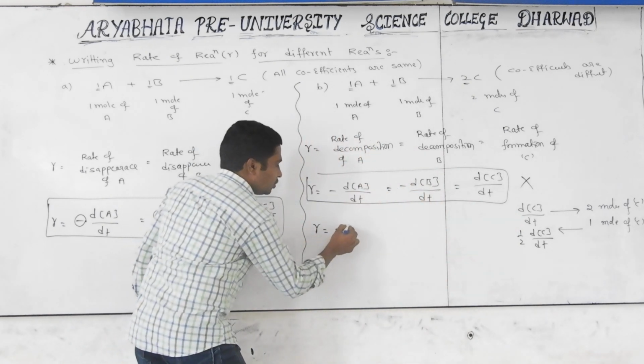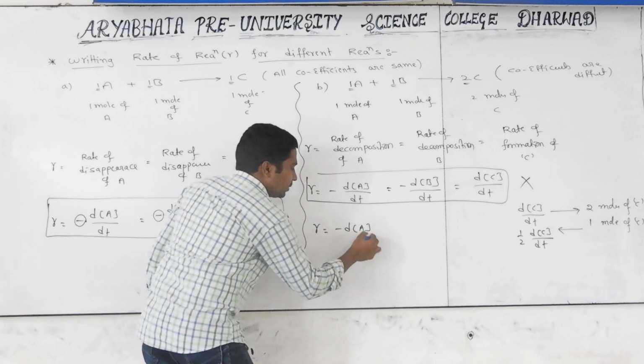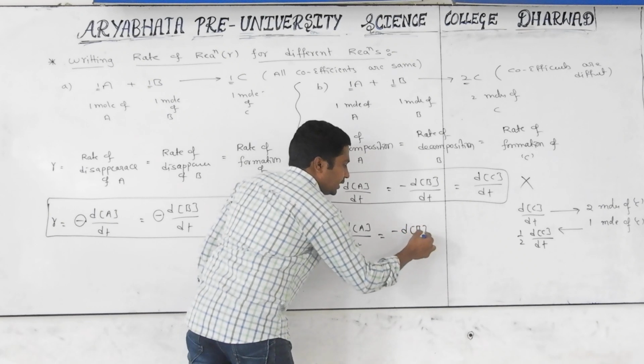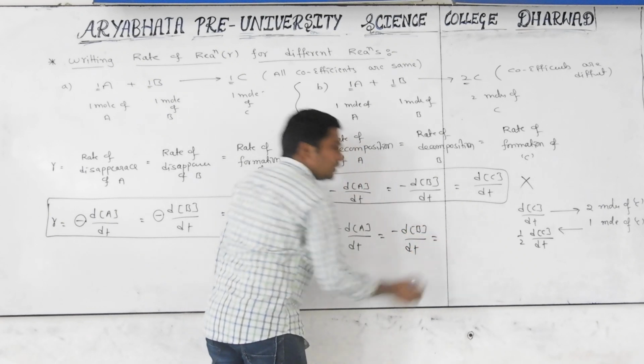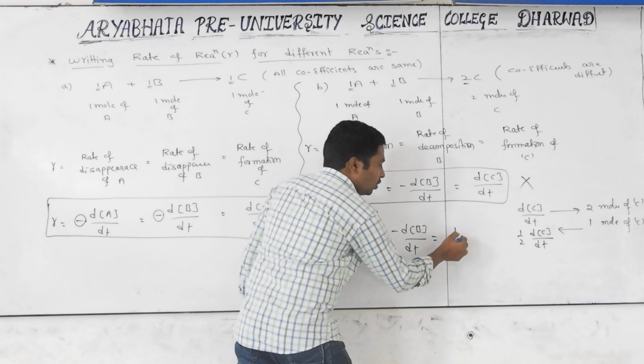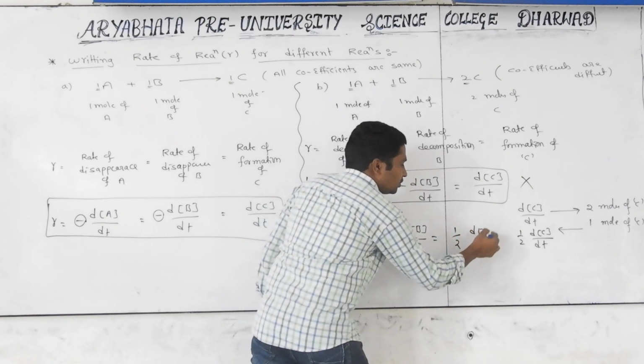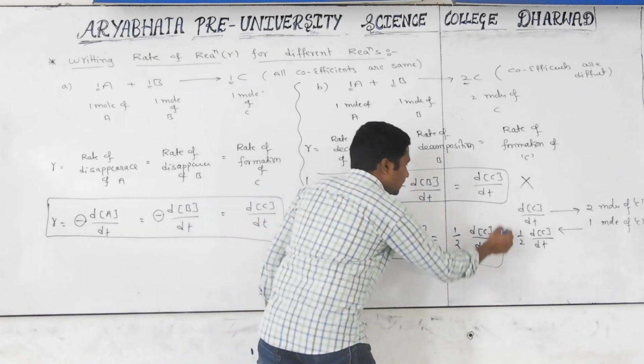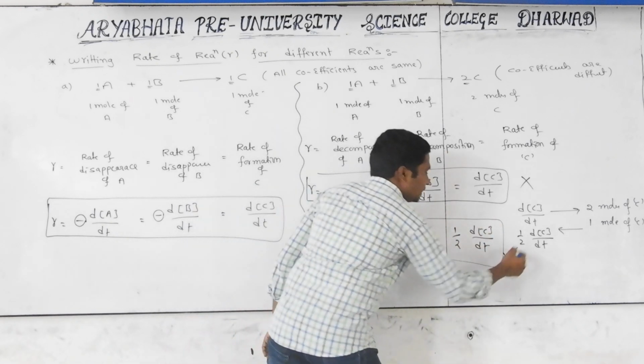R is equal to minus dA by dt, or nothing but minus dB by dt, is equal to what has to be written? 1 by 2 of change in concentration of C by time change. This is the right expression for the given equation.